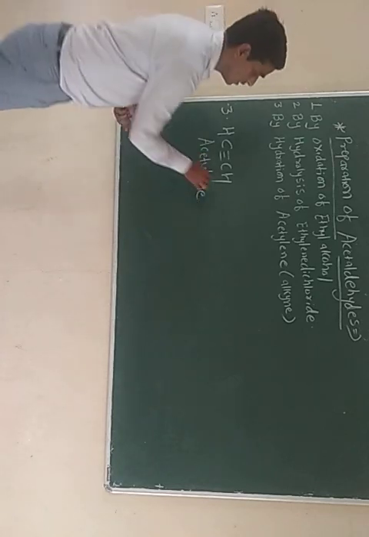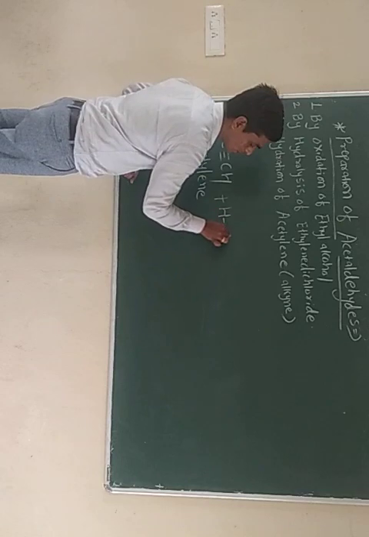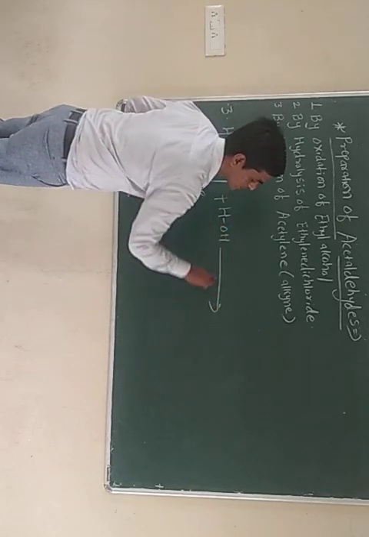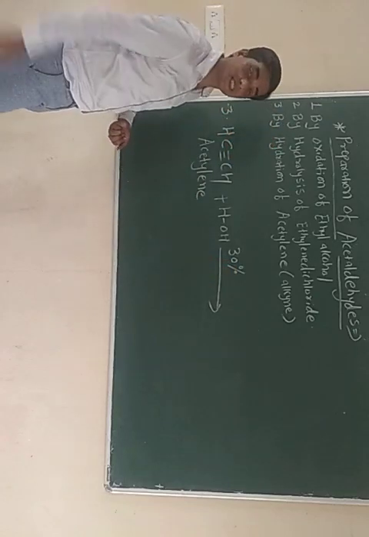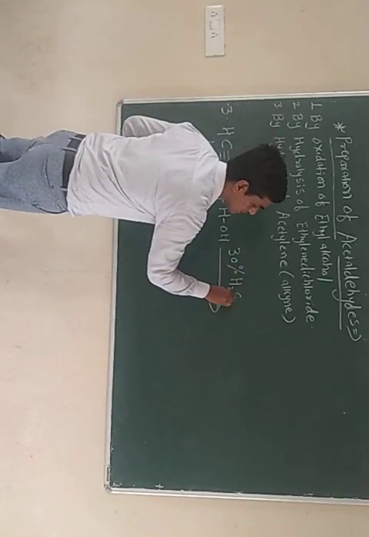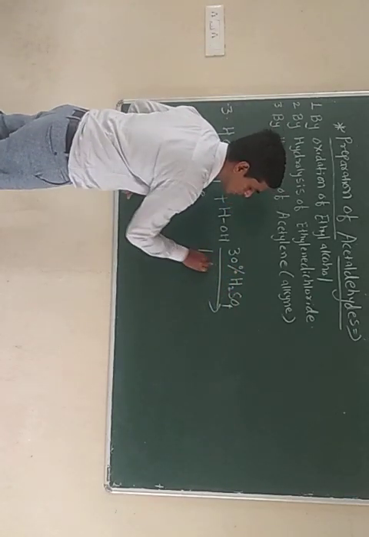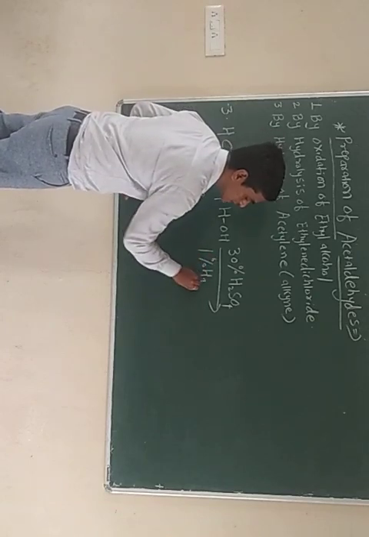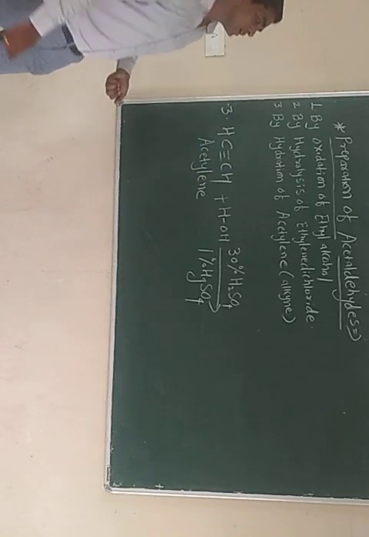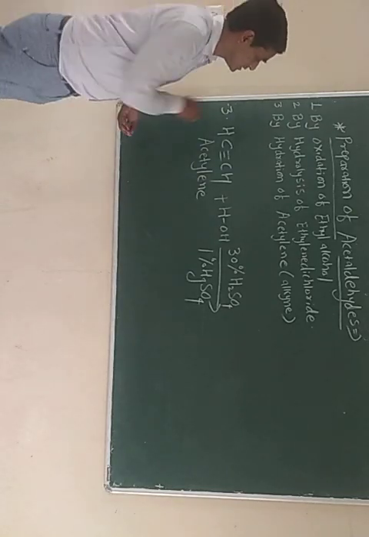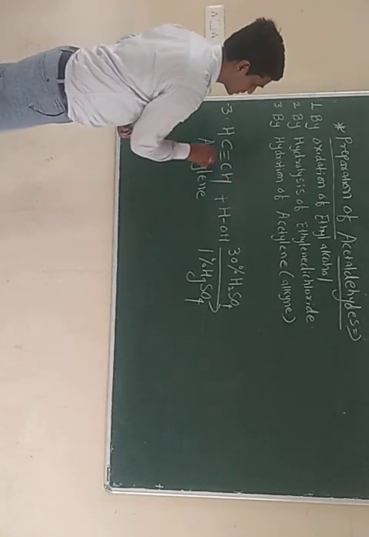Acetylene on hydration, hydration meaning addition of a water molecule. For hydration of acetylene, we will use 30% H2SO4, sulfuric acid, and 1% HgSO4, mercury sulfate. If we use these, then there is a formation of such a product.